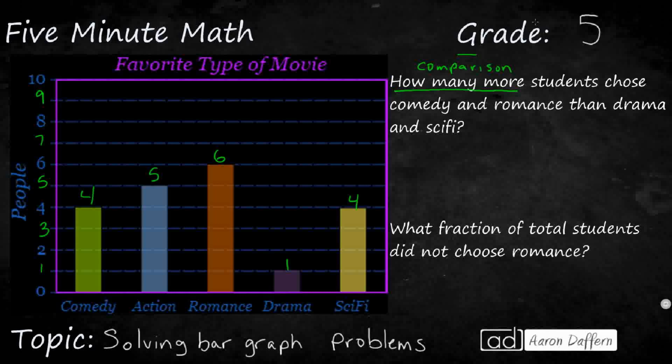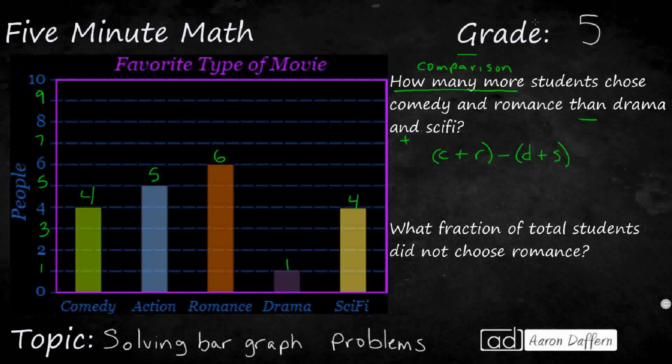How many more students chose comedy and romance than drama and sci-fi? So I'm going to say comedy plus romance, than, so that's where the subtraction is going to go, drama plus sci-fi. That's really what we're looking for.